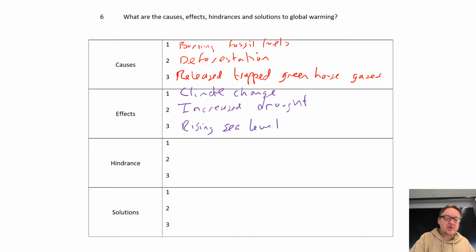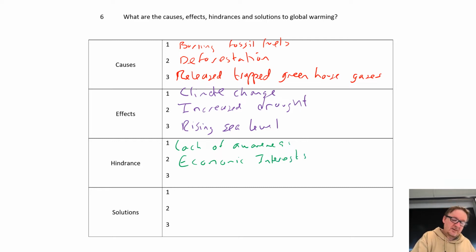Hindrances to us actually sorting out global warming are lack of awareness, economic interests and expensive alternatives.